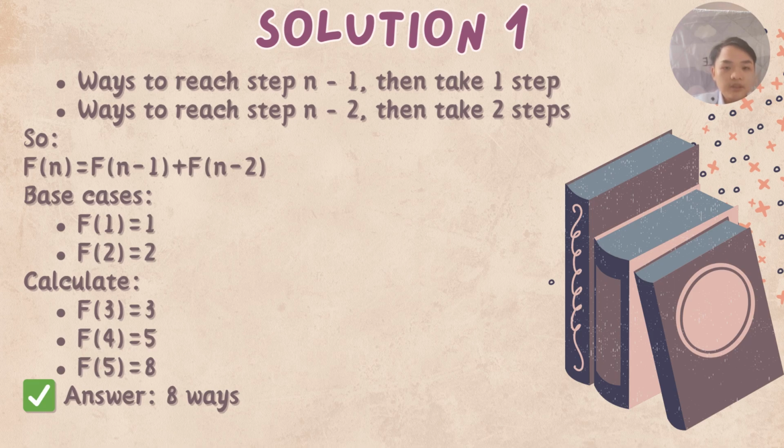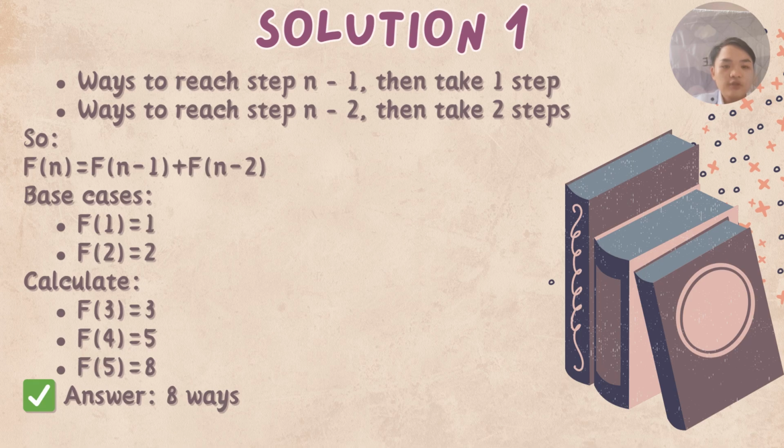The base cases are: if we want to take 1 step, we have one way, so f1 equals 1, and if we want to take 2 steps, f2, we have 2 ways.